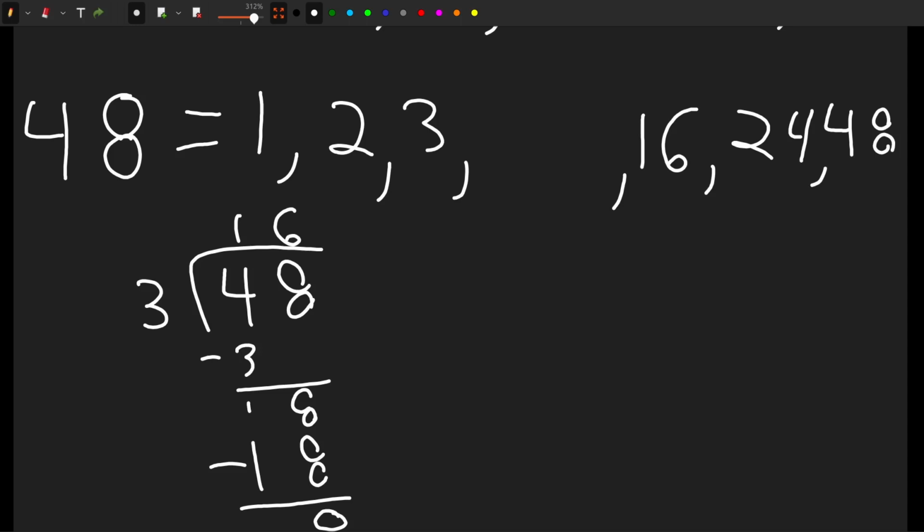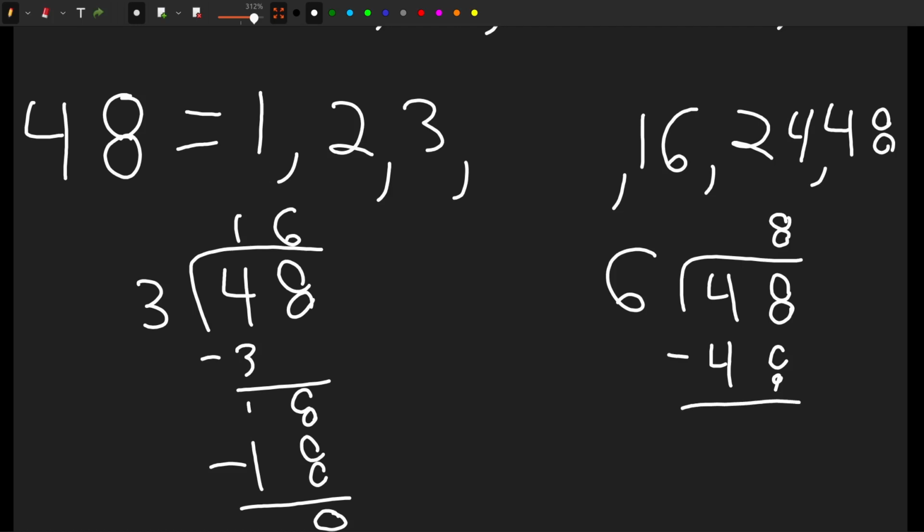What about 6 now? If I try 6, how many times does 6 go into 48? Well, 6 goes into 4 0 times, so how many times does 6 go into 48? I know if I try 6 times 8, right, 6 times 7 is 42, so 6 times 8 is 48.